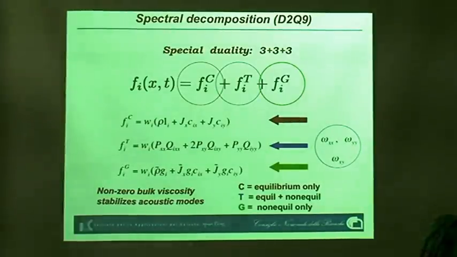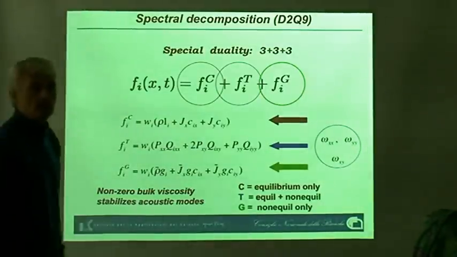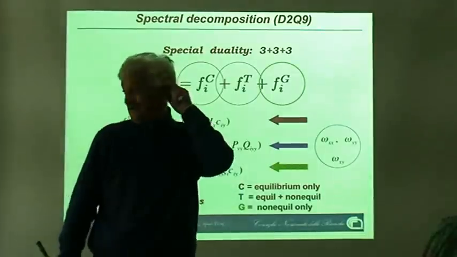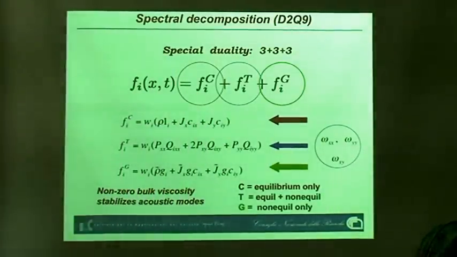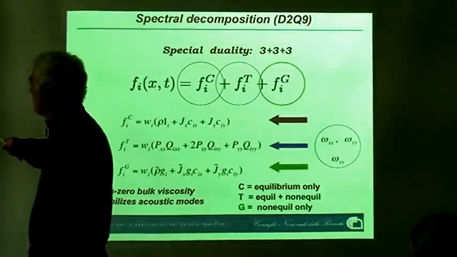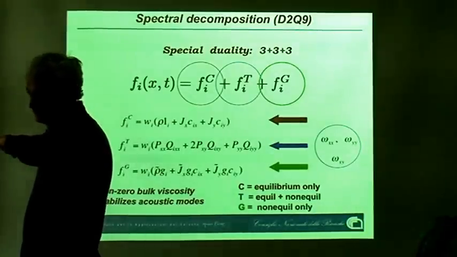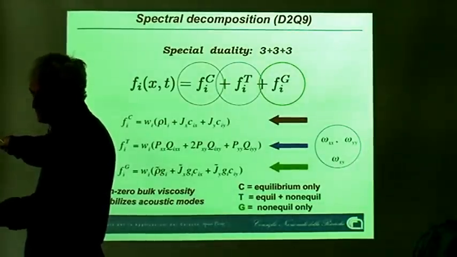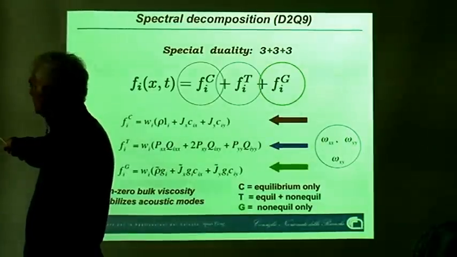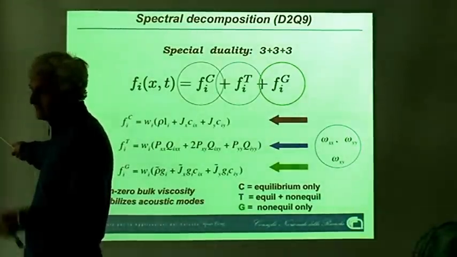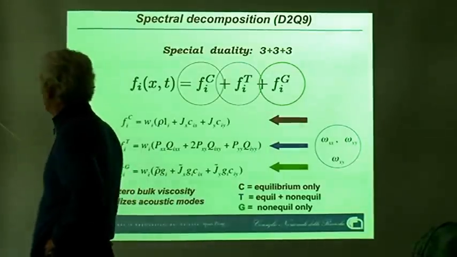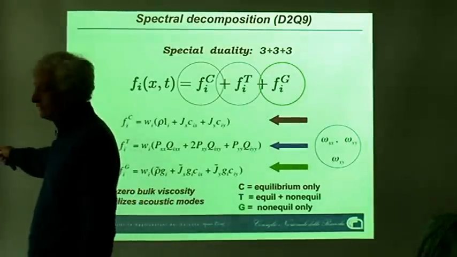Kinetic degrees of freedom versus hydrodynamic in the D2Q9. So how many hydro do we have here? Let's do it together. So what do I have? Here we have how many kinetic components? Right, very good. So now let's construct the list of the moments, the hydrodynamic fields. What do we have there?